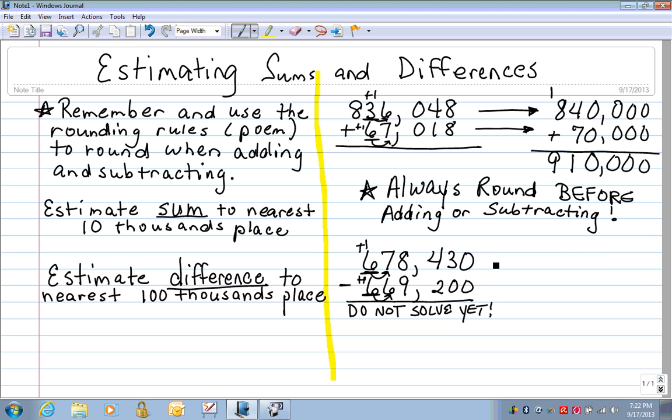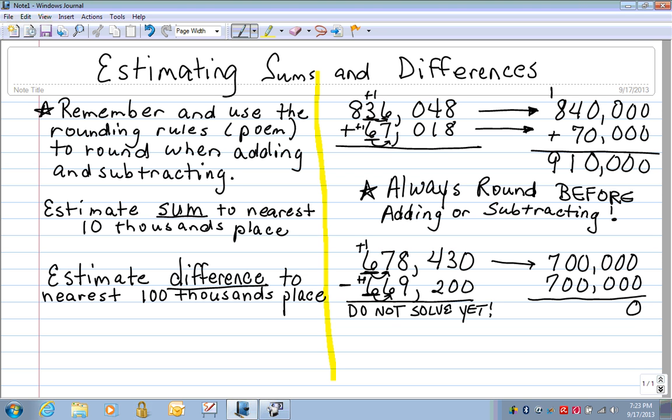And this number will become 700,000 because we put zeros for all the rest. And this number will become 700,000 also. 700,000 minus 700,000 is 0.